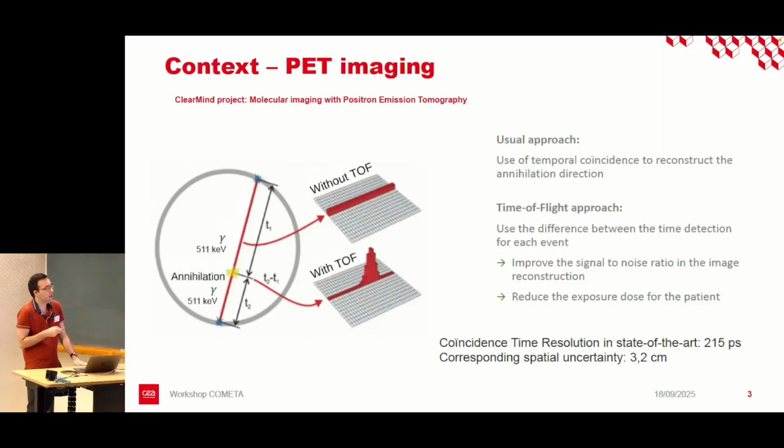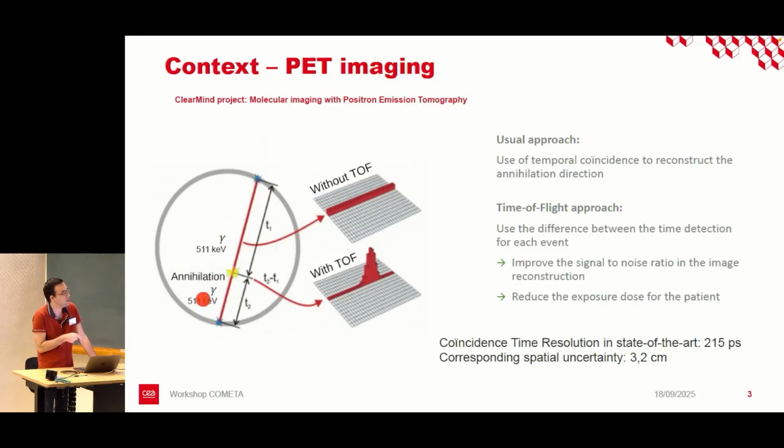To understand how it works more precisely, the radioactive tracer is a positron emission radioactive element, and the positrons emitted by this element will annihilate in the body of the patient. This annihilation produces gamma ray photons about 180 degrees apart.